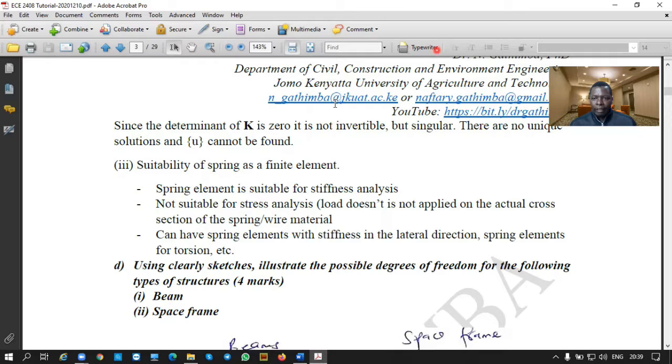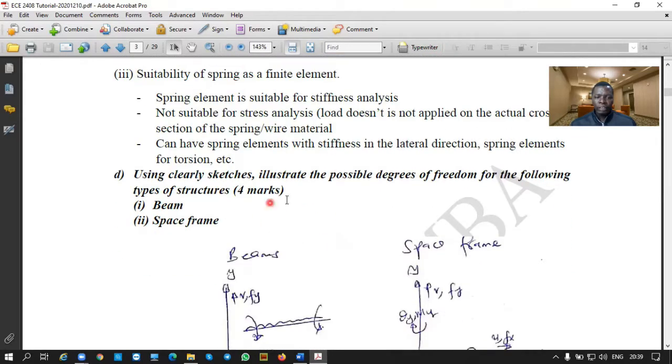Then I gave another interesting question here, which says, using clear sketches, illustrate the possible degrees of freedom for the following types of structures. And this was just to test your understanding. Like when we said for a bar element, a 1D element has only 1 degree of freedom per node, along the local coordinate system.